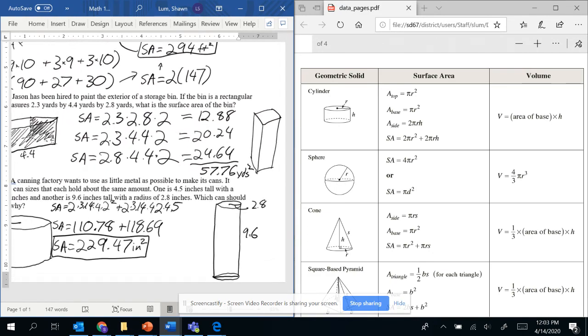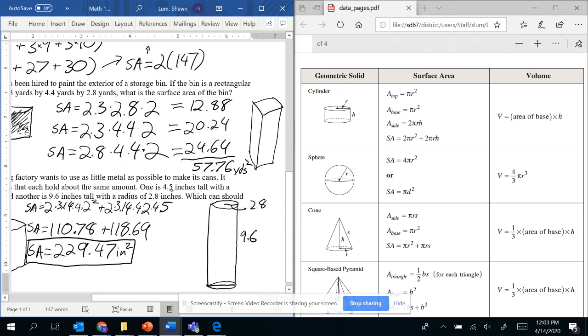Ooh, really running out of room on this one. Okay, let's see if I can do this. I might have to go kind of backwards up here a bit.